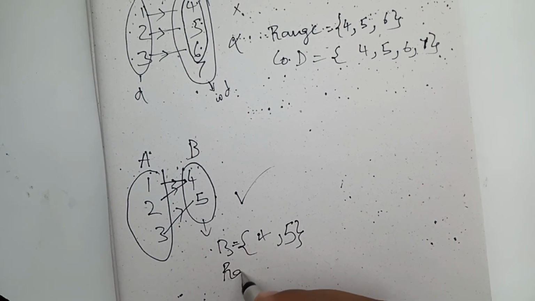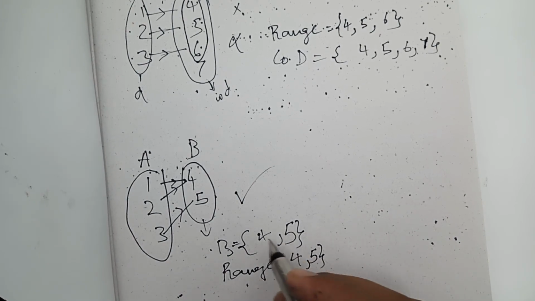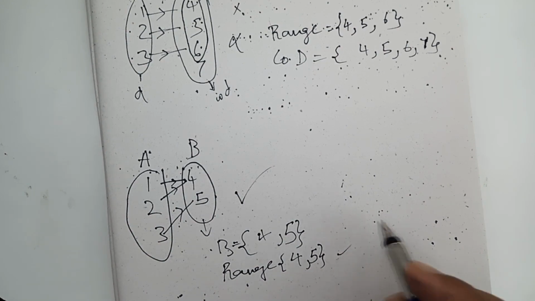The range is also 4, 5. That is why it is an onto function or surjection. Okay, now we are heading towards the next function, that is the bijection function.